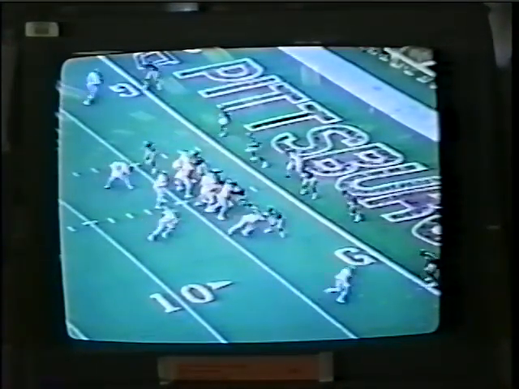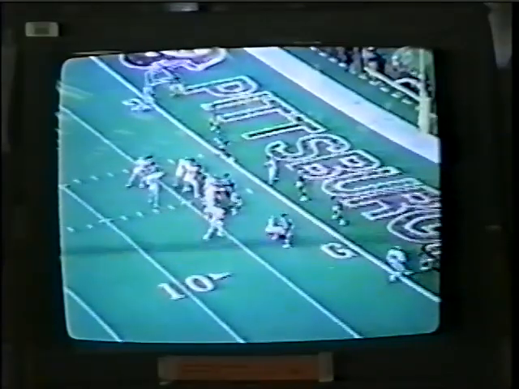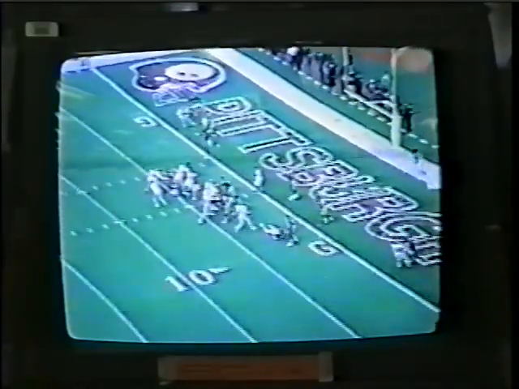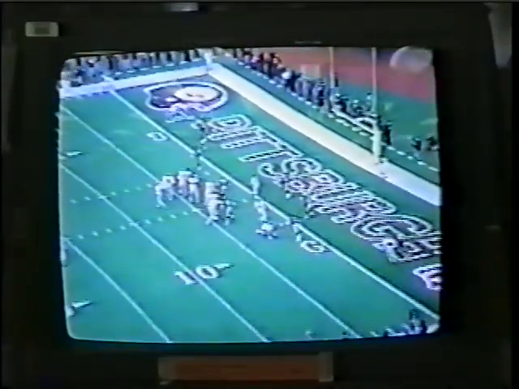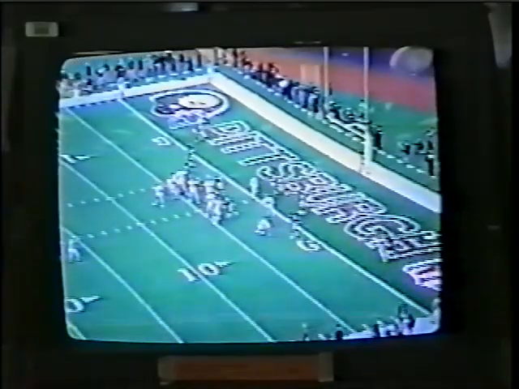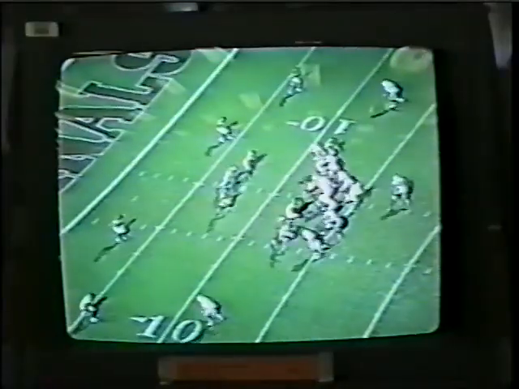Here's a good picture, see, of the safety. See the safety showing inside and then working back into the slant area. And the quarterback then not wanting to throw the ball in there.